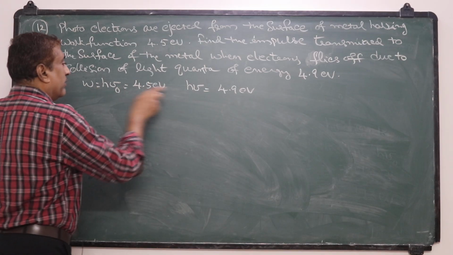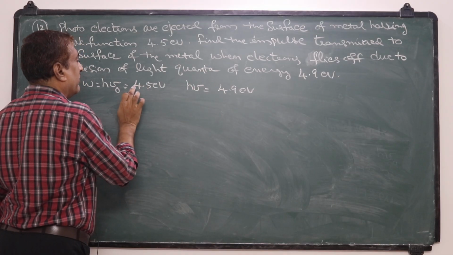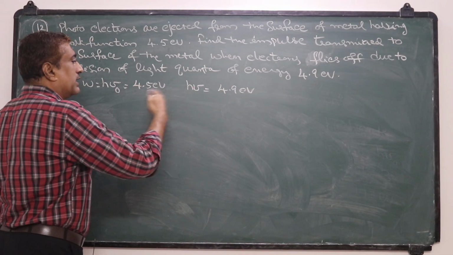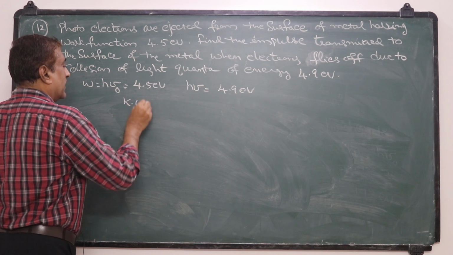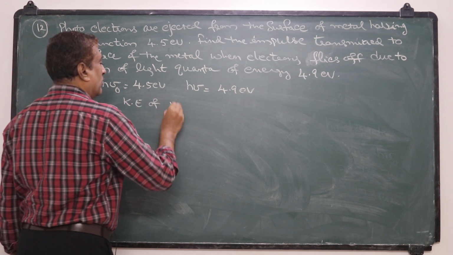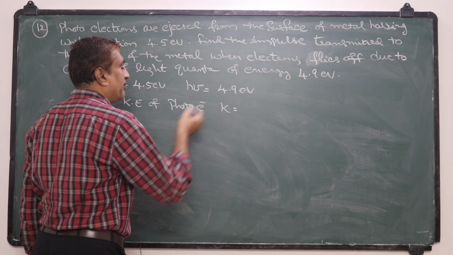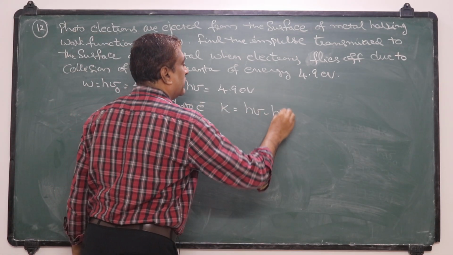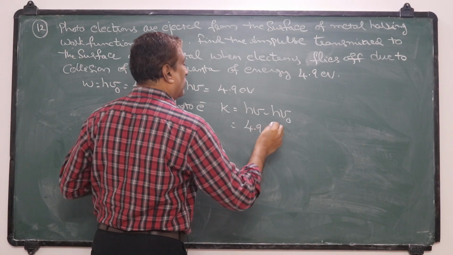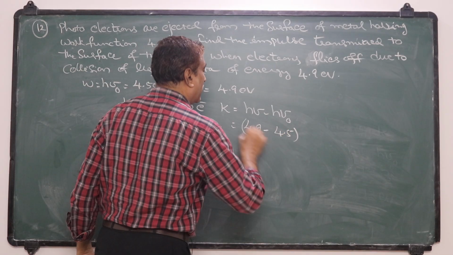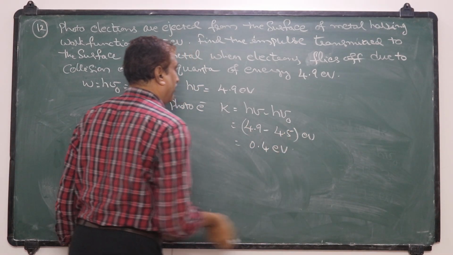First, when a photon of energy 4.9 electron volts hits a metal surface of work function 4.5 electron volts, the kinetic energy of the photoelectron K is equal to hν minus hν₀, that is 4.9 minus 4.5 electron volts, which is 0.4 electron volt.